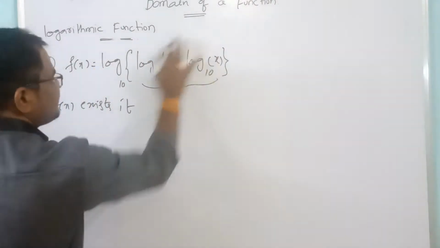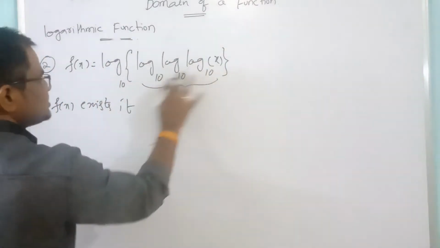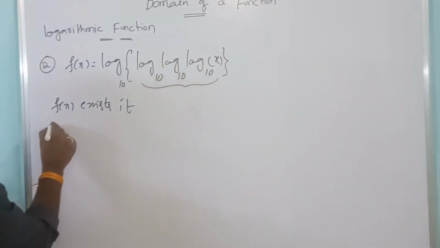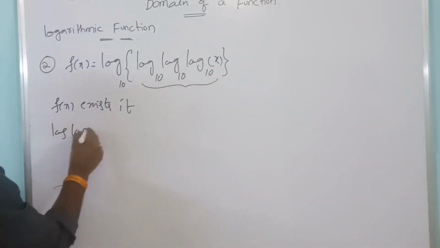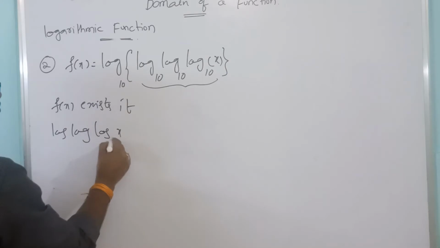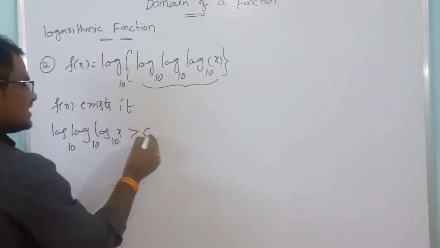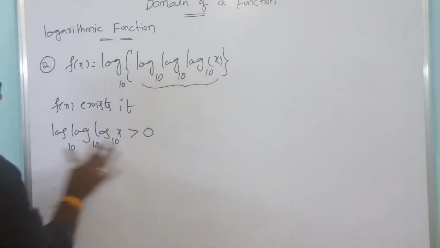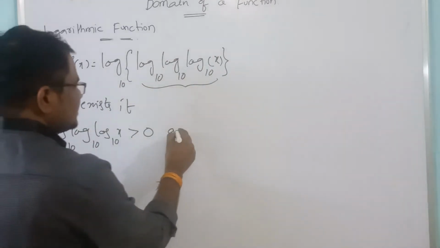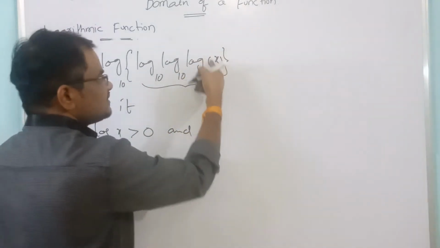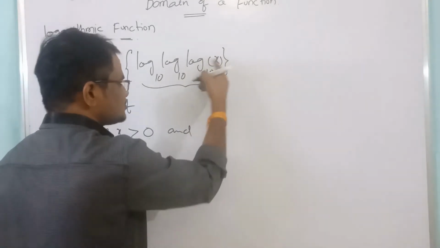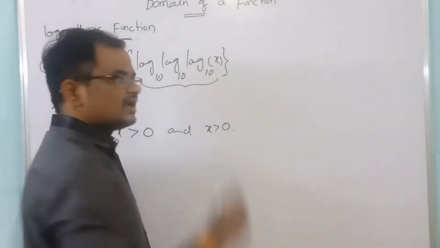Log of f of x to the base g of x means this total is f of x. Means log of log x to the base 10, to the base 10, to the base 10 is greater than 0. Log of f of x greater than 0. And here f of x means this is also x, f of x only. Means here also x greater than 0.